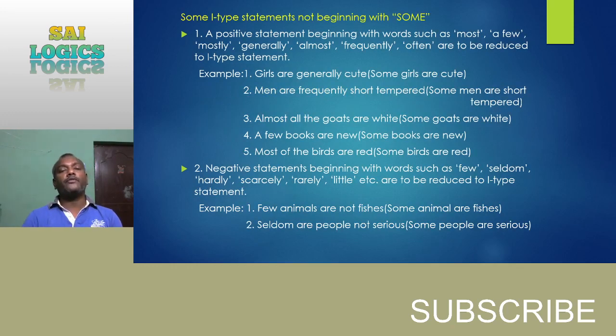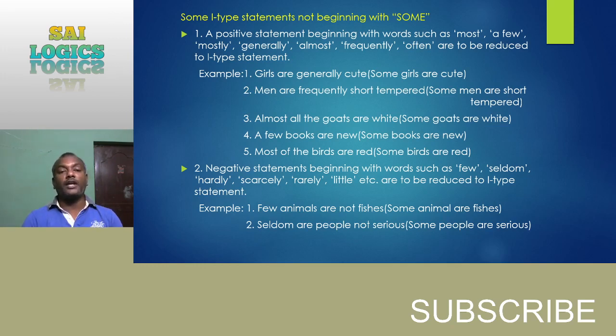Now some type, so somewhere you have to concentrate much better here because some is the most asked type in the examinations and most confusing item also. So first case where we can reduce the given statement into some type. A positive statement beginning with words such as most, a few, mostly, generally, almost, frequently, often are to be reduced to I type of statement.